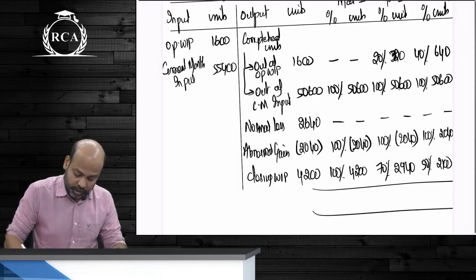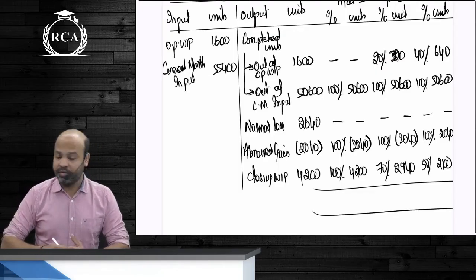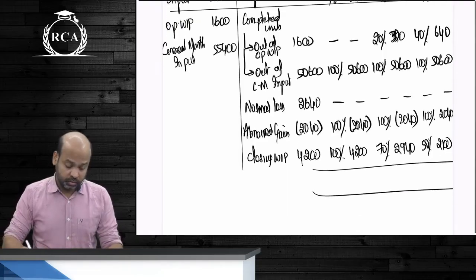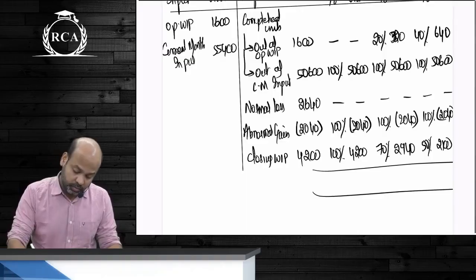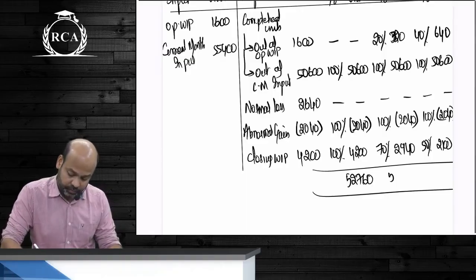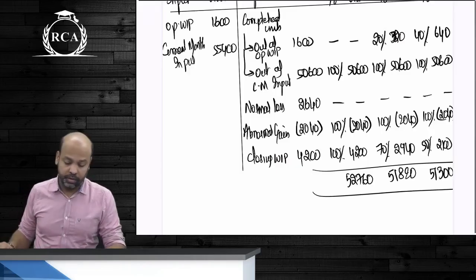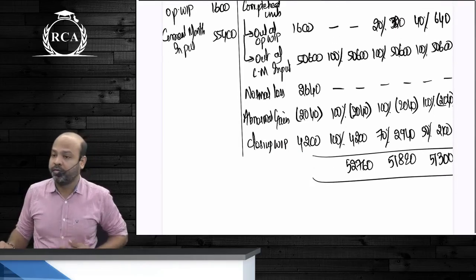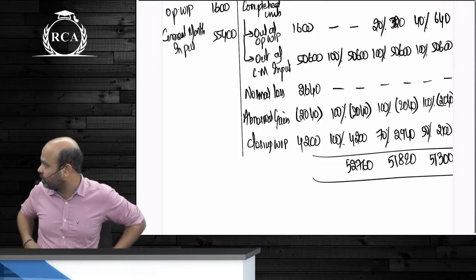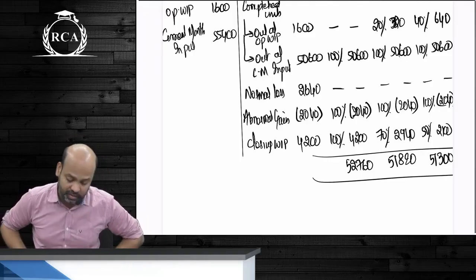The sum total, guys, of equivalent units beta would be 52,000. Next, 820. This will be your equivalent units, guys: 52,760, 51,820 and 51,300. Please check if you all got the same answers, guys.